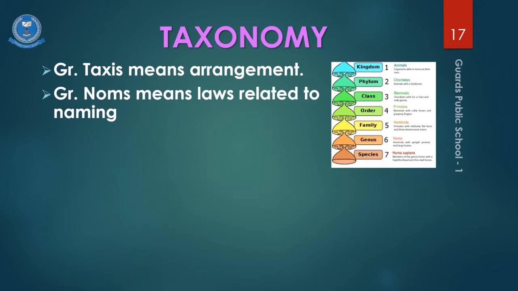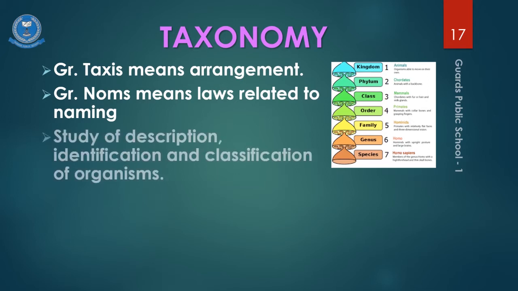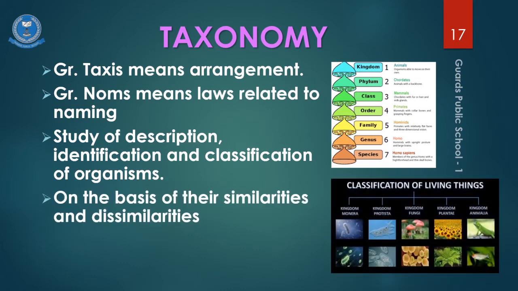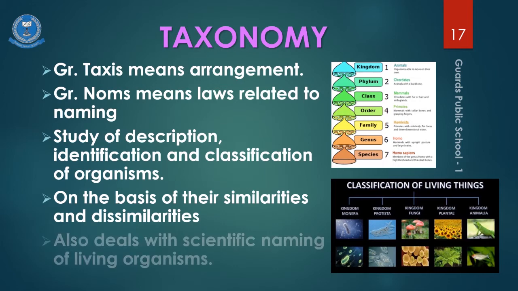In a broader sense, taxonomy can be defined as a branch of biology which deals with the description, identification, and classification of living organisms according to their structural similarities and dissimilarities. Taxonomy can also do scientific naming of living organisms to eliminate confusion while using common or native names.